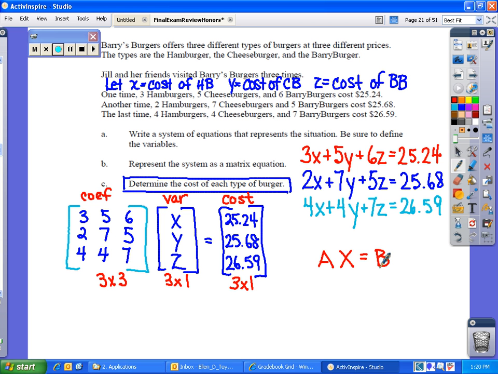In order to solve any equation, we always have to isolate X. A matrix equation is no different. In order to isolate X, we are going to left multiply each side of the matrix by A inverse. Remember that A inverse times A produces the identity matrix.